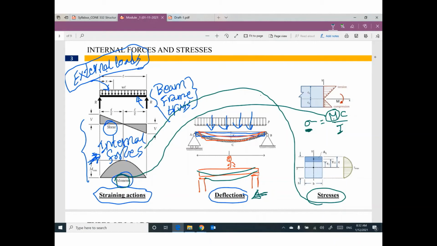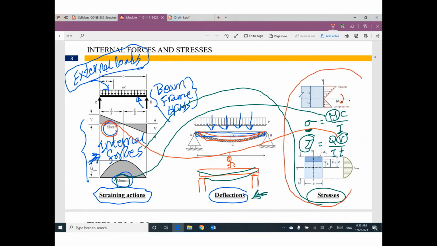And you also learned tau equals VQ over It. This is called shear stress. V is called shear force, coming from the shear diagram. So in another course, you learned how to convert the internal forces to stresses.